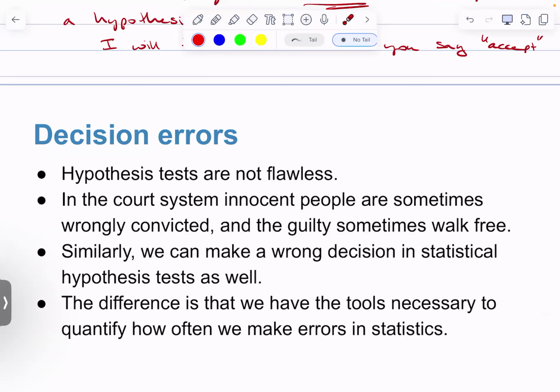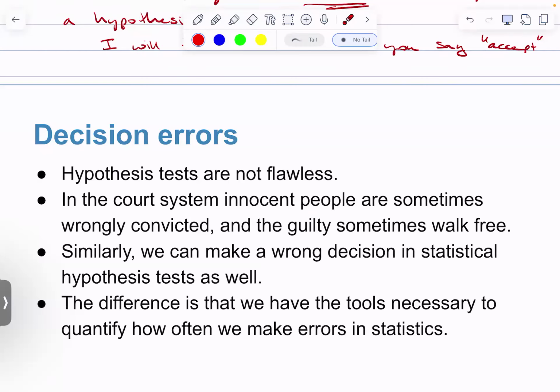But for example, hypothesis tests are not flawless, right? We've already recognized that there's a chance that I'm wrong, right? And so, for example, in the court system, you're in court and you're convicted or you're not, but innocent people are sometimes wrongly convicted and guilty people sometimes walk free.